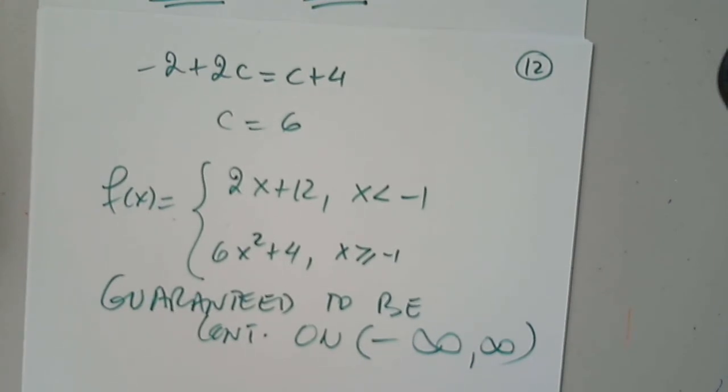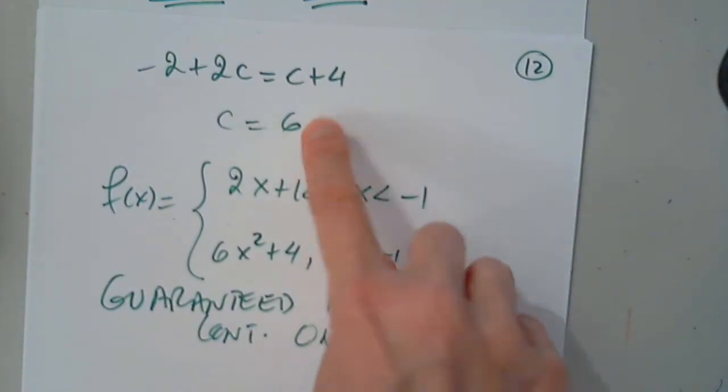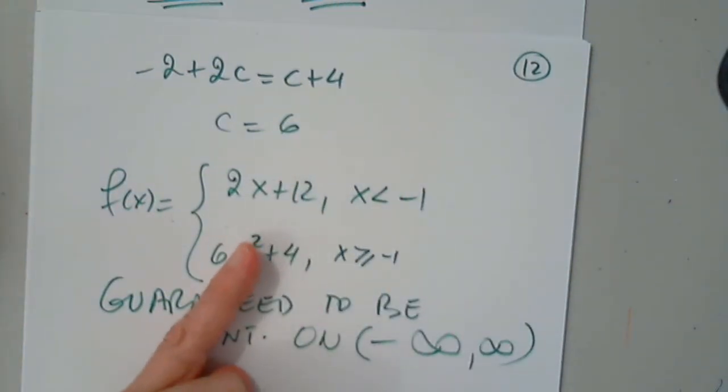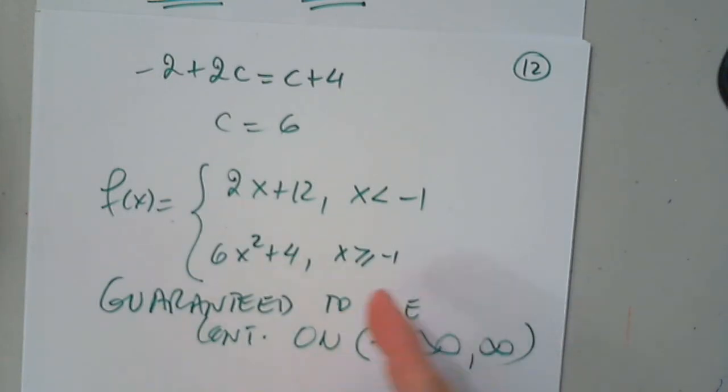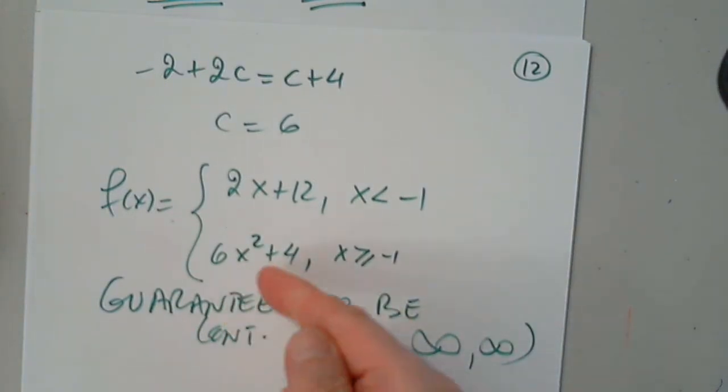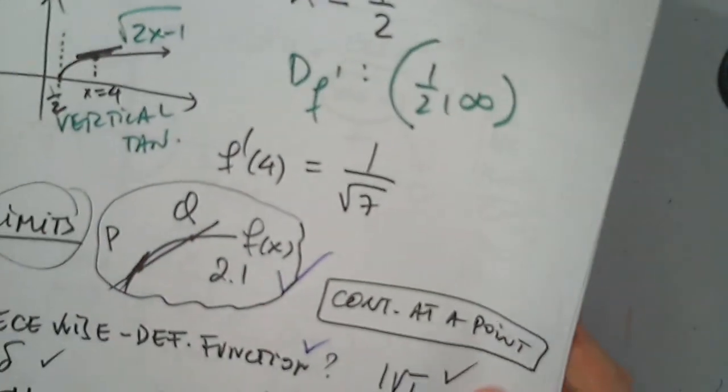We made it continuous, and only 6 will. So the limit from the left is 10. The limit from the right is 10. The function value is 10. Very good.